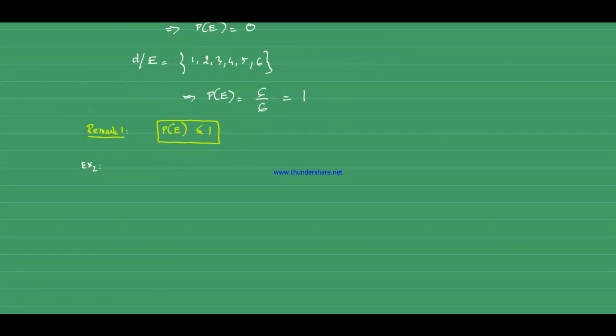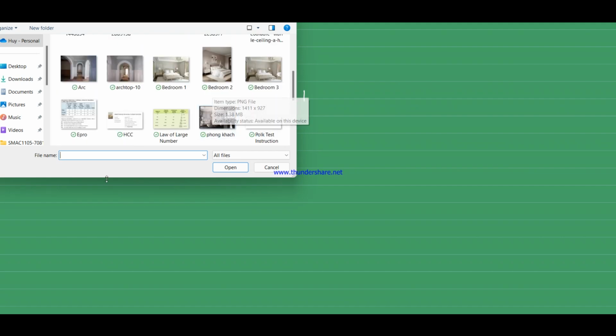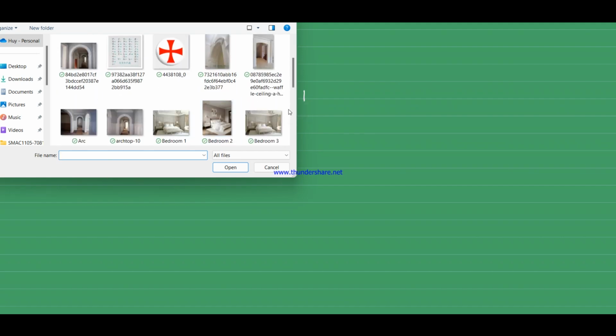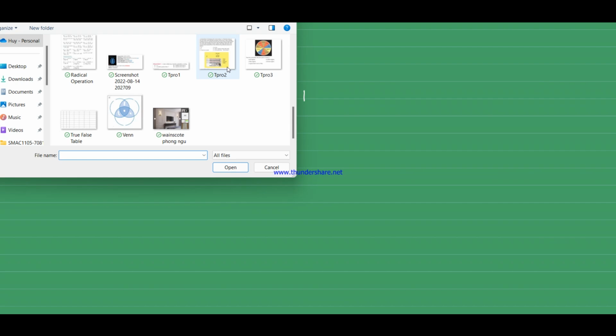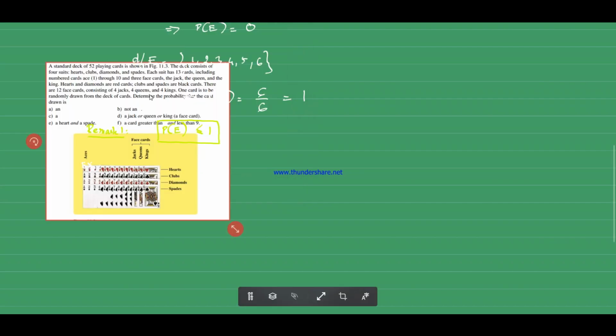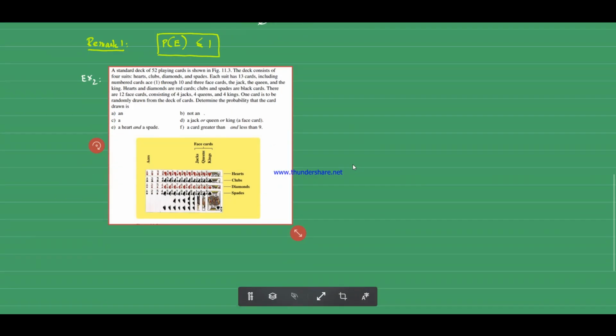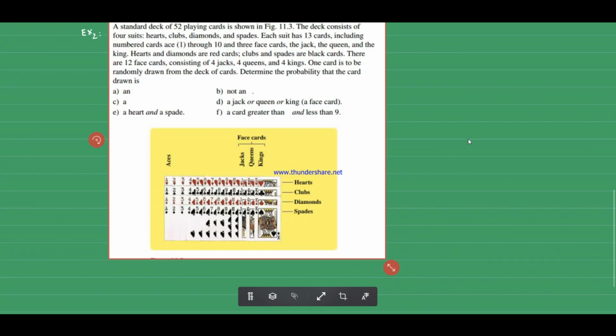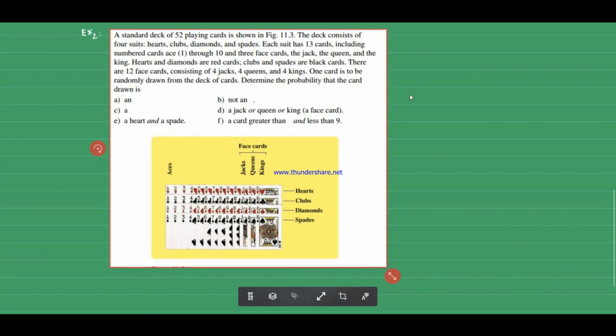Now in the second example, a problem like this. I have a standard deck of playing cards like this, and it should have 13 cards in each suit.